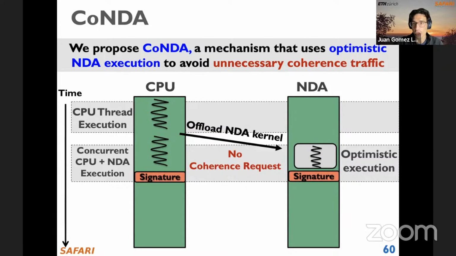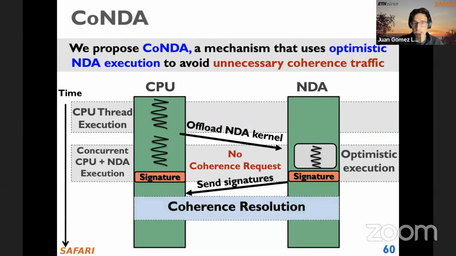When the execution terminates on the PIM side, we generate a signature, which is a summary of the memory accesses that the PIM side has performed. This signature is sent to the CPU to be compared to the CPU's own signature and figure out whether there are any coherence problems or not.